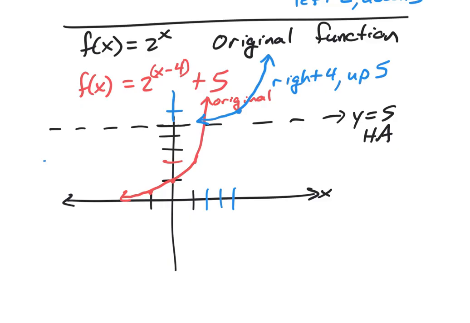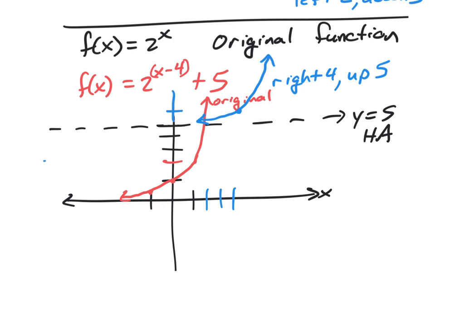Okay, in some cases it may not ask us to graph both, it may just ask us to graph the new one, but I always kind of like to graph both of them just to kind of compare the two and just kind of see what they look like. Okay, and it kind of backs up my movement as well. Like if I'm saying that it moves right 4 and up 5, then I kind of can tell by the look of that.